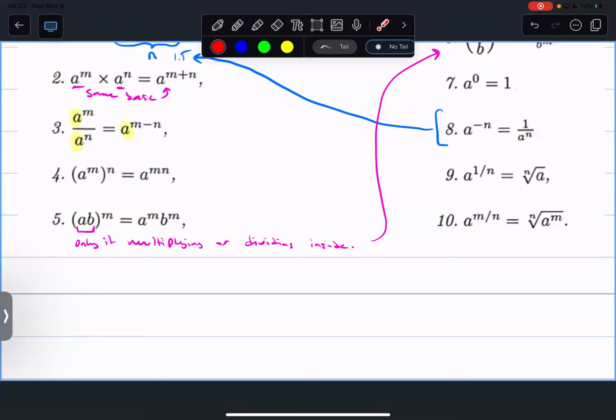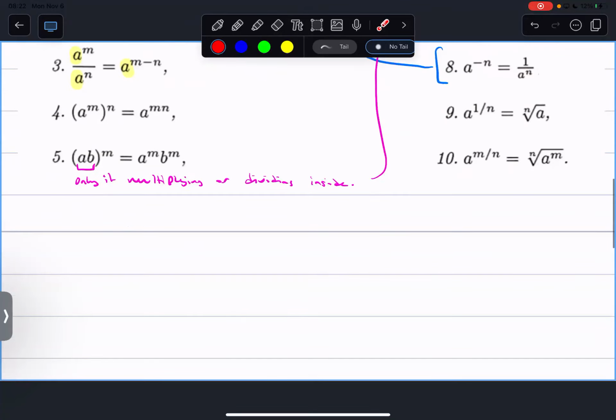Fancy. So you don't need this one, but it's good to know in general, right? If I want to take the nth root of something, then if you don't have a fancy root button, what you would have to do is take a to the power of 1 over n, right? So if you want to take the 16th root of 4, then you would take 4 to the power of 1 over 16. Right?